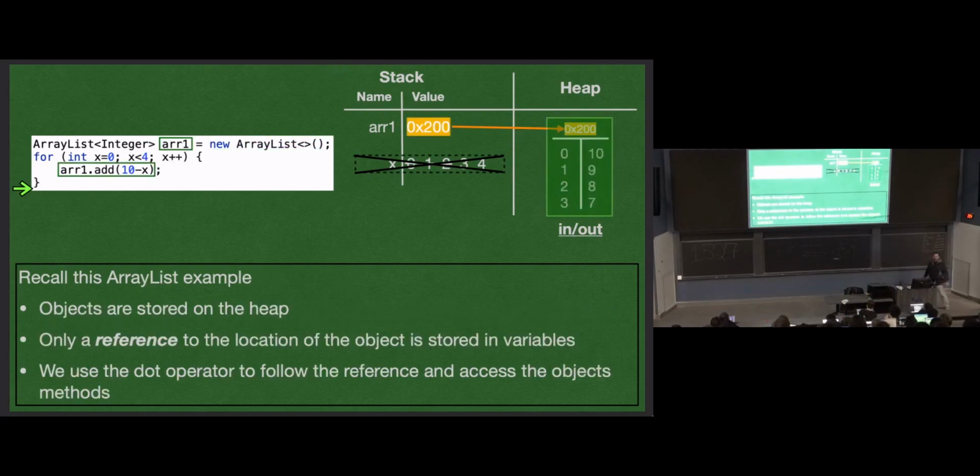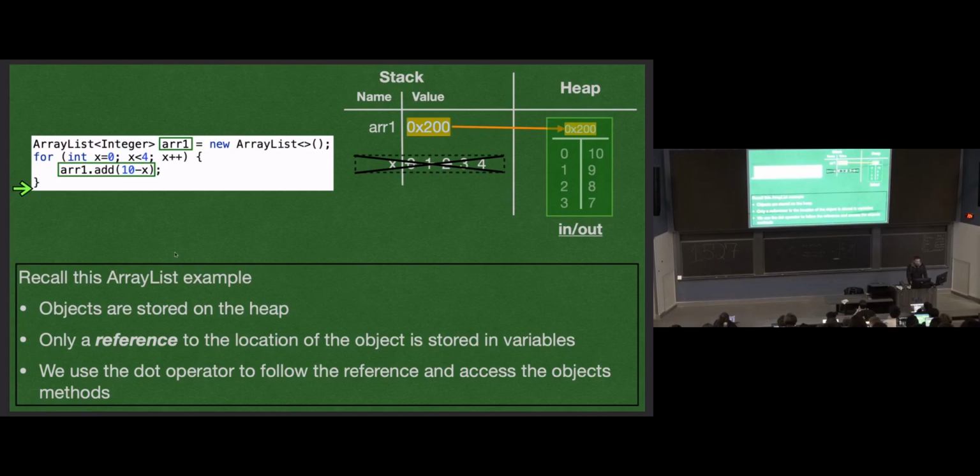So the ArrayList was stored on the heap, and then in our variables of type ArrayList, those variables only store a reference to the object on the heap, which is like a roadmap. It's instructions on how we can find this object in memory. Where do we go in memory to find that object that we created?